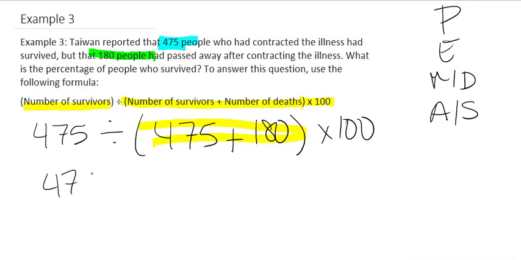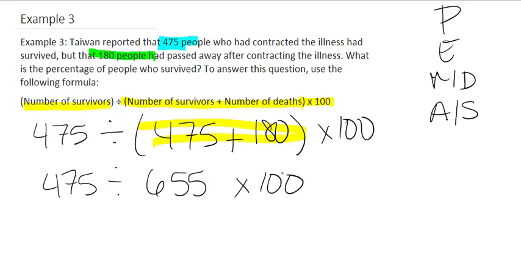So we have 475 divided by 655 times 100. So now we've done our parentheses. We don't have any exponents in our problem, but we do have two more operations: division and multiplication, which is the third step. So let's work left to right.